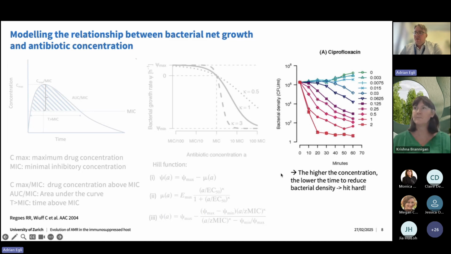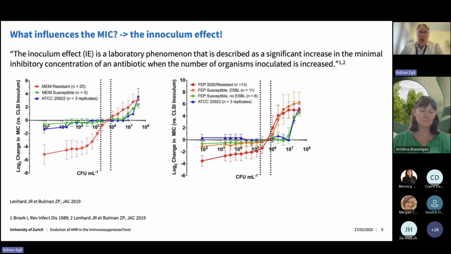And this is very, very important to reduce the bacterial density, and I will explain to you why this is so important. So this hit hard concept is critical. Because what influences the MIC? I mean, there are clearly factors from the bacterium itself, so I will not talk here directly about the specific resistance mechanisms, but there's a second important aspect, and this is the inoculum effect.